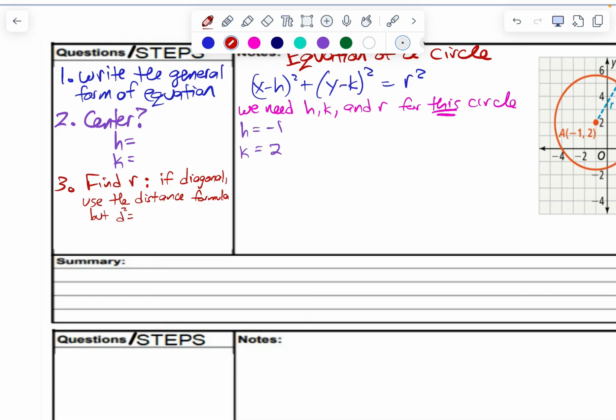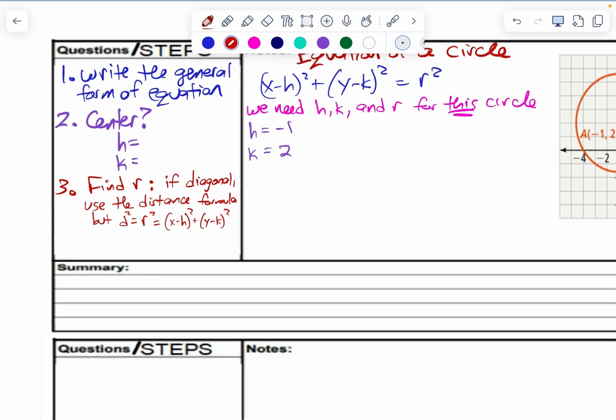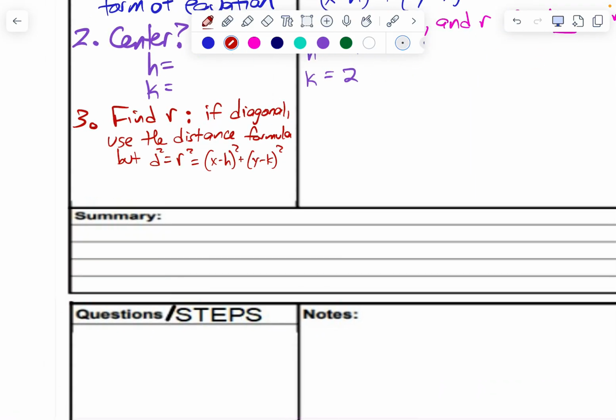So D squared, which is R squared, which is X1 minus X2, which is H in this case, plus Y minus K. Was that too small? Wait, you just wrote the equation of the circle. Yeah, I did. Because that's what we're going to use.